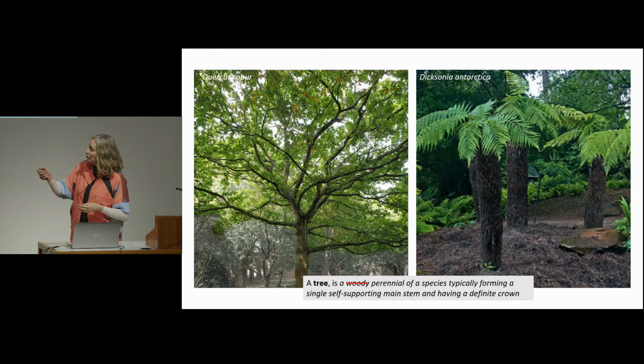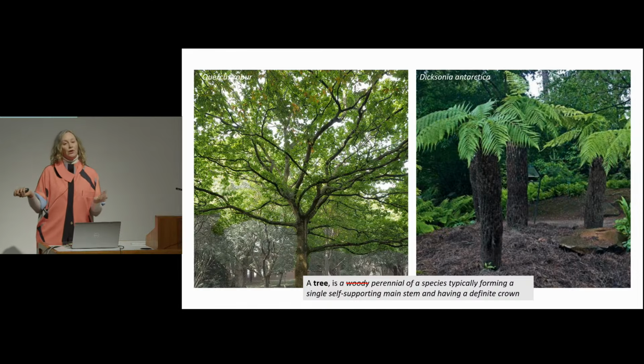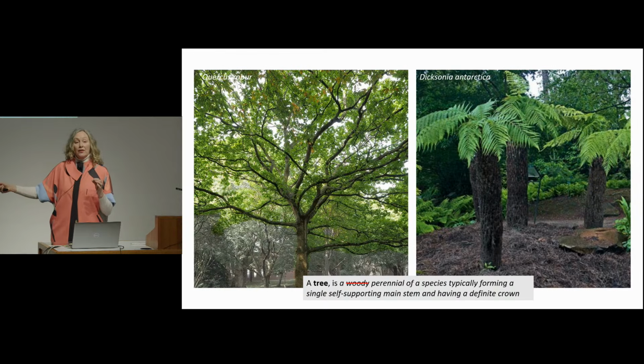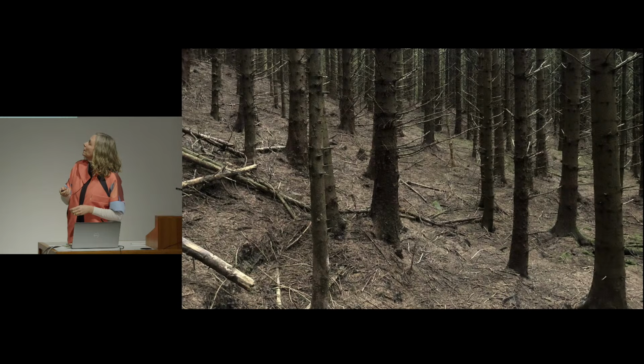So under that functional definition, then the oak tree on your left and the tree fern are both trees. And so I'm not going to be so strict on what was the first tree in the fossil record by having to have a woody structure or the compound lignin. So that's my definition of a tree.